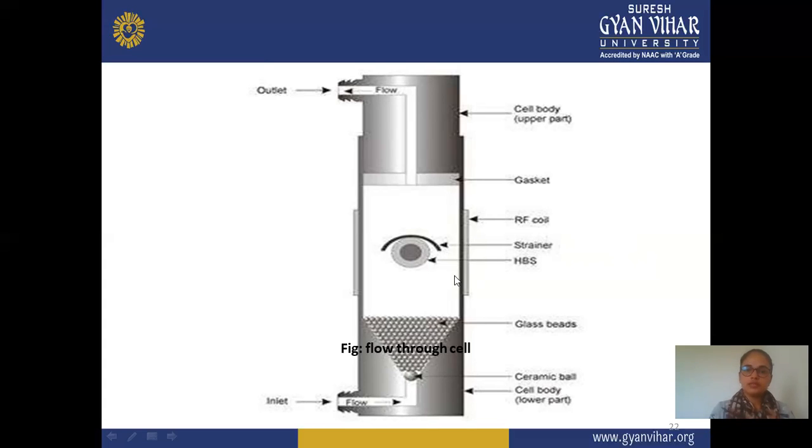Next are the glass beads, which are made of glass, and this is a ceramic base, and next is the cell body or lower part. So this is the upper part, this is the lower part, and between them glass beads are present, and the outlet and the inlet. You put your sample from here, and this is the outlet for the flow.